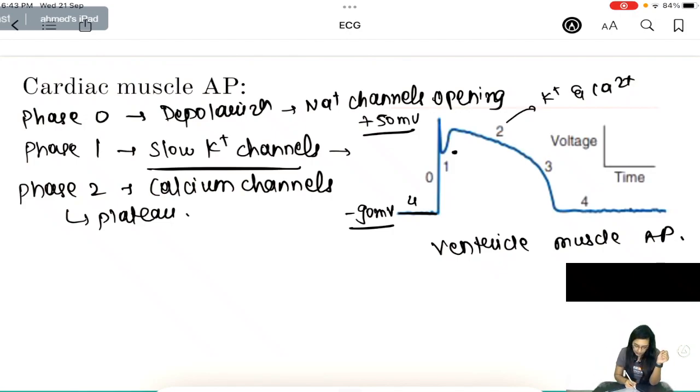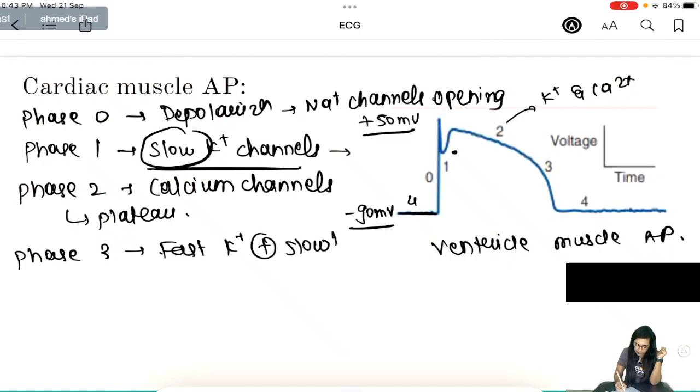Then there is phase 3. At a certain point the calcium channels will close, and then some fast potassium channels along with the slow potassium channels will open up, and there is a fast efflux of K plus.